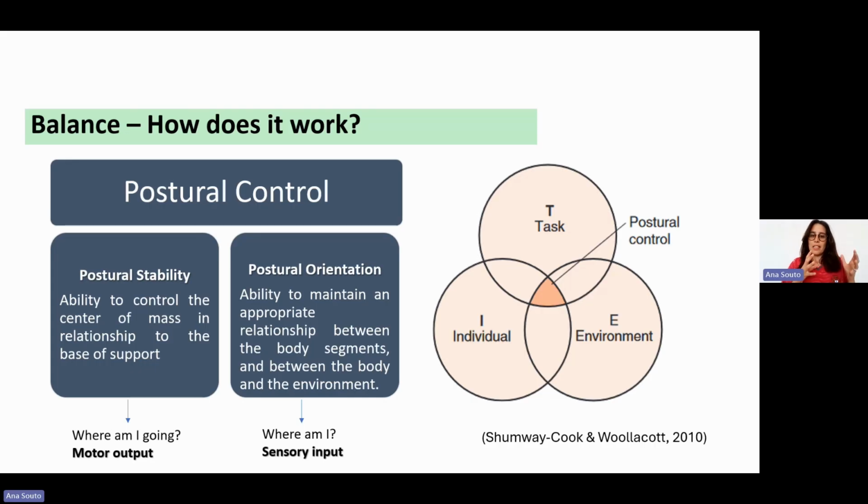And so the individual and the sensory motor systems need to be adapted and flexible enough to respond to differences in the environment and differences in terms of goals of tasks that we want to do.